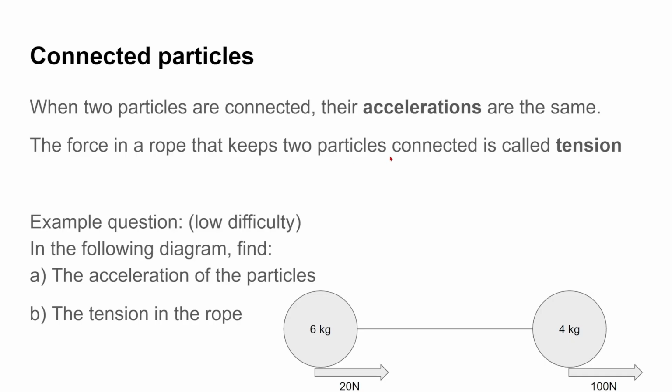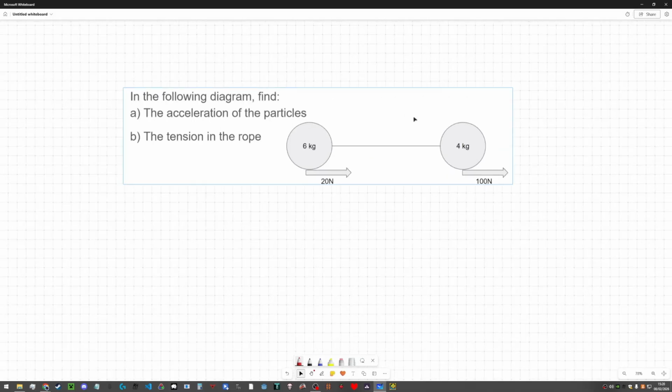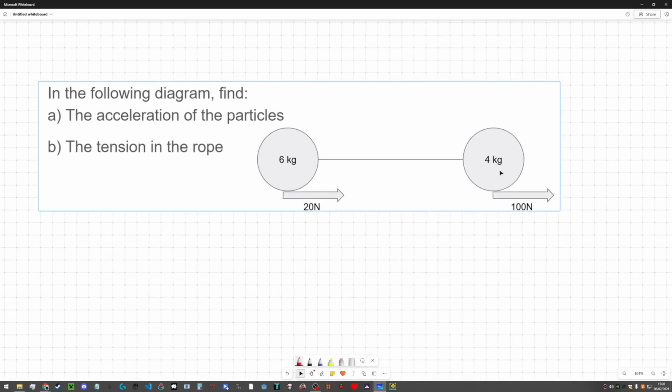Okay, got another example question here. Over here, the tension of a rope is pulling the 4 kilogram mass this way and pulling the 6 kilogram mass this way. The force we'll label T for now.